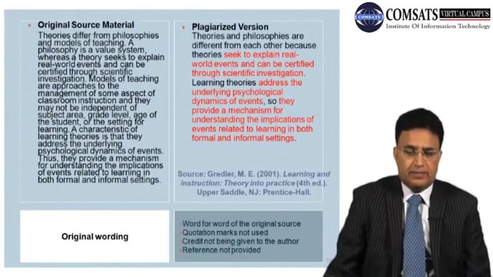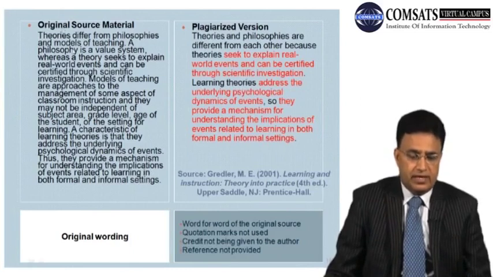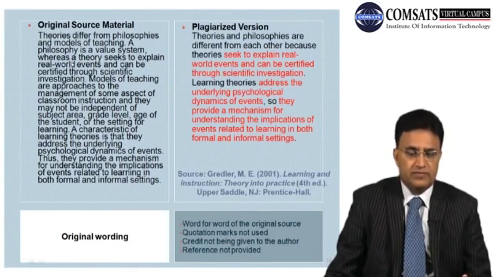Look at another example. It is original source in the left. Theories differ from philosophies and models of teaching. A philosophy is a value system where theory seeks to explain real world events and can be certified through scientific investigation. Models of teaching are approaches to the management of some aspect of classroom instruction, and they may not be independent of subject area, grade level, age of the student, or the setting of learning.